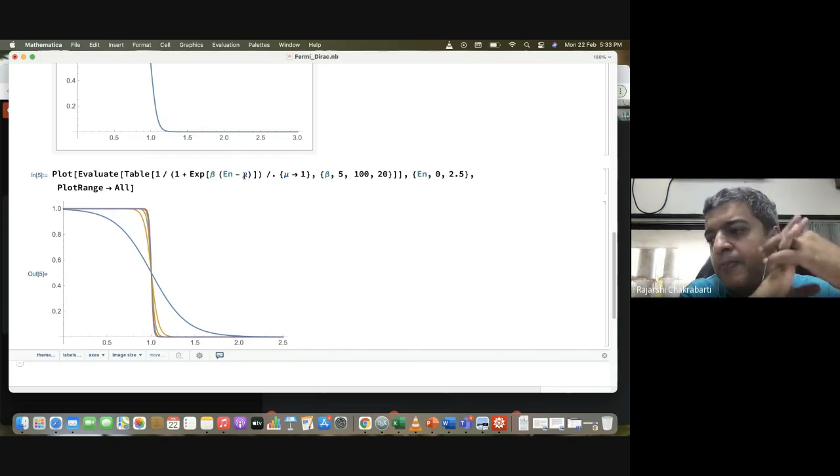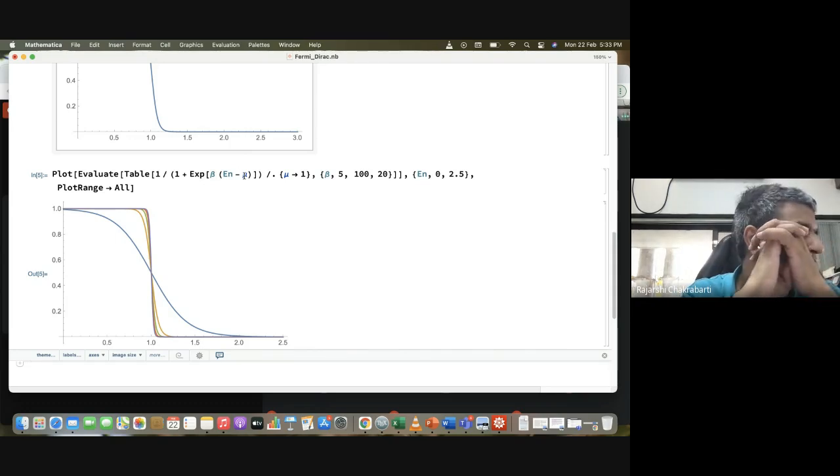Any idea? How do you proceed? I'll take a few more minutes and then we'll go to assignments. How do you calculate the canonical partition function for a Fermi gas? What should you do? Can anyone tell me?